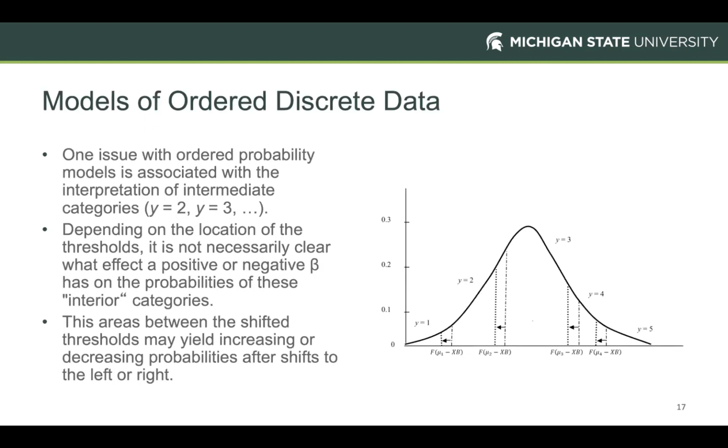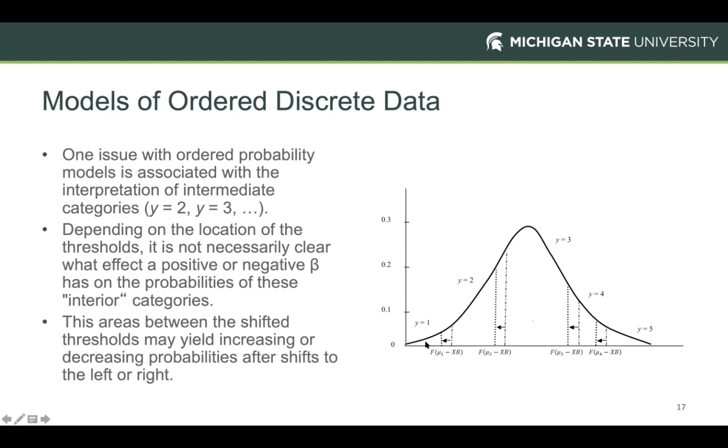And so one general issue here: interpretation is somewhat less straightforward as compared to some of the other family of models that we've looked at previously. And that largely relates to these interior categories. I had mentioned this point previously, but if we have a variable with a positive coefficient, we know in all circumstances that's going to mean that this area at the top is going to become larger and the area at the bottom is going to become smaller.